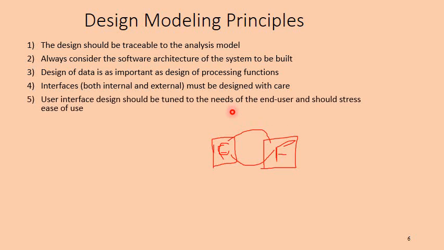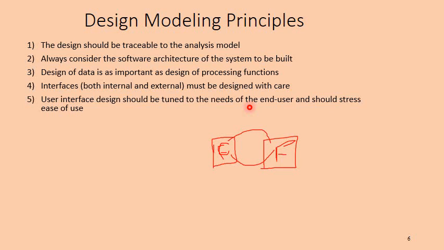Fifth is user interface design. User interface design should be tuned to the need of the end user and should stress ease of use, right? In every case, it should stress ease of use. The user interface is the visible manifestation of the software.